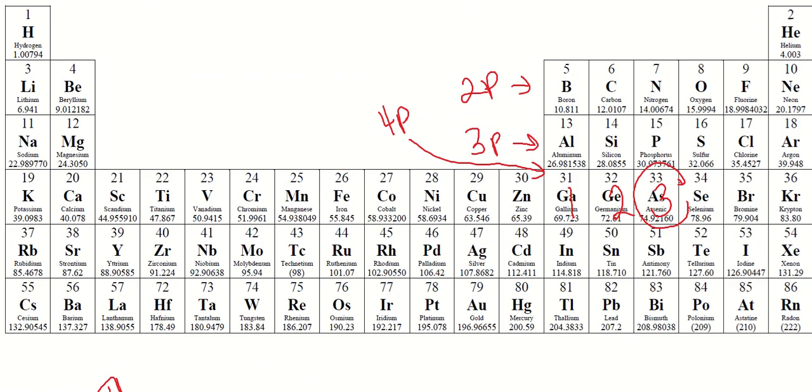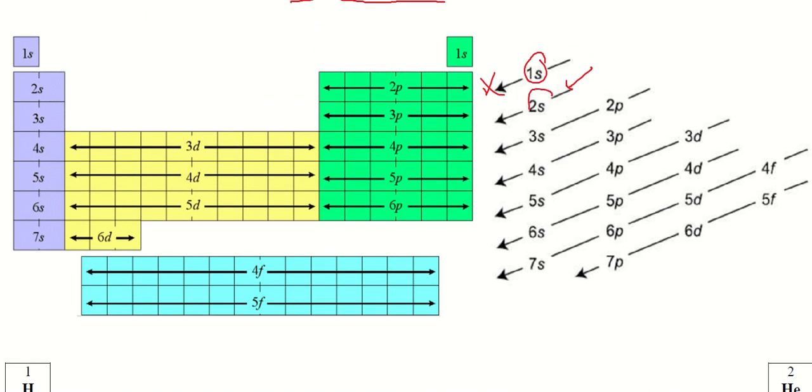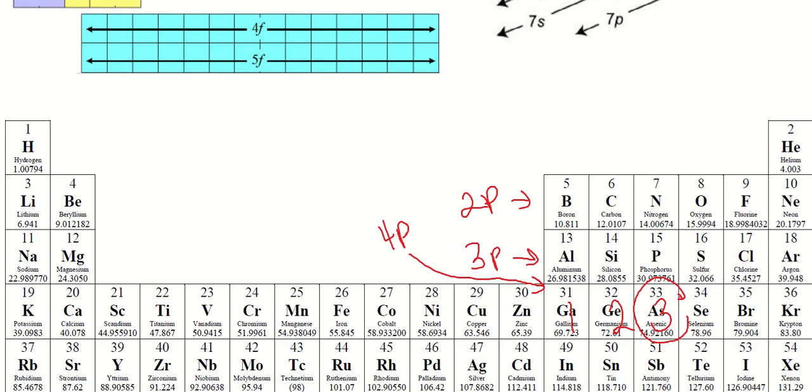Now after 3p, the filling chart tells you you'll go to the 4s, and if you're following the periodic table, you'll see the same thing. After 1s is 2s, after 2s is 2p, after 2p is 3s, 3p, but then after 3p, you don't go right to the 3d, you go to 4s.